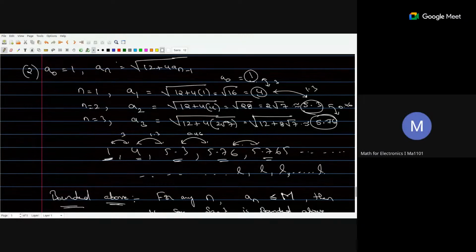Can I say 25, 20, 15, 10? 10 might look confusing. You might say if I keep on increasing, at one particular n value, I might cross 10. Right? That is what you can say.